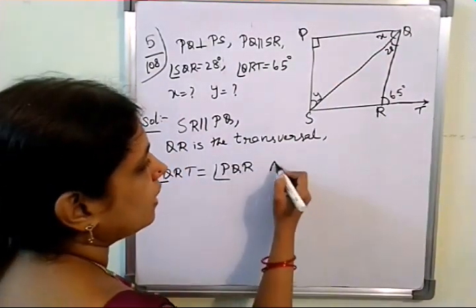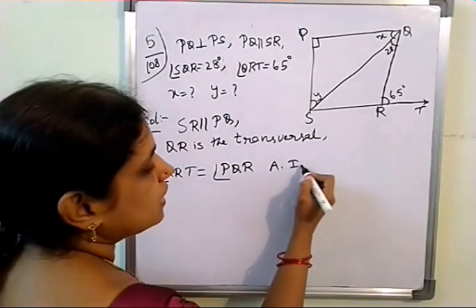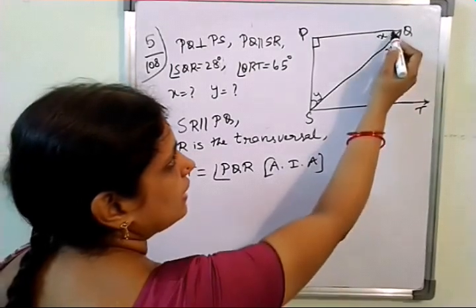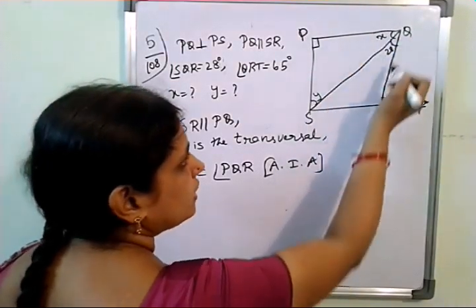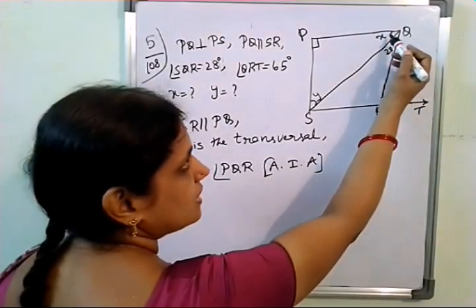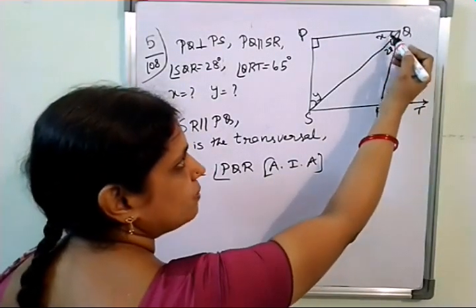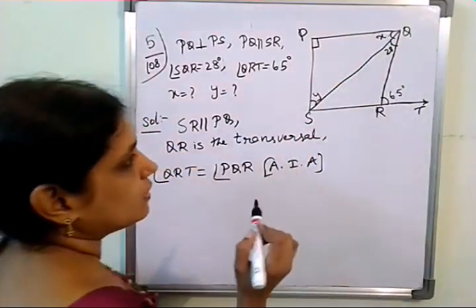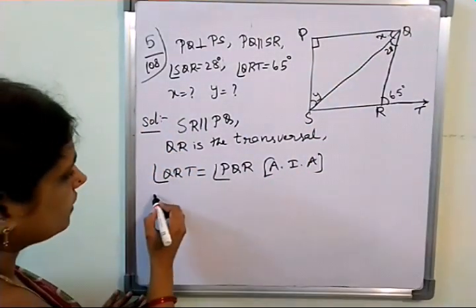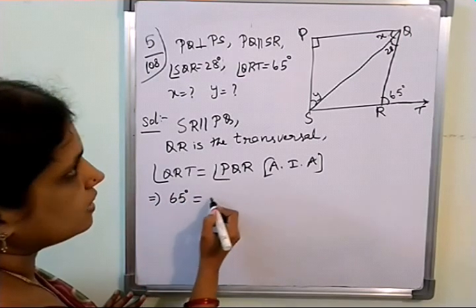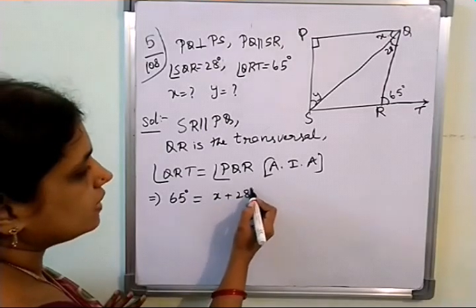How is it? Alternate interior angles. But actually here angle PQR is divided into two parts, that is X and 28. So X plus 28 is angle PQR. Now that means 65 degrees is equal to X plus 28.